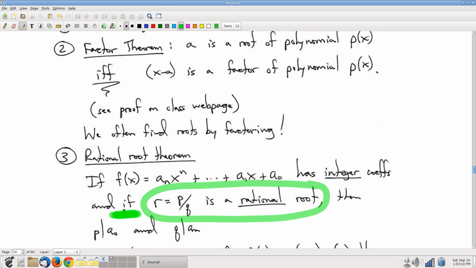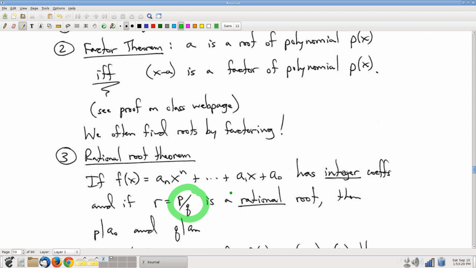There are plenty of polynomials that have no rational roots, to which, therefore, this rational root theorem does not apply at all. But if there is a rational root, and keep in mind a rational number is a ratio of two integers, right? So write down the p over q for that particular rational root. By the way, make sure that p and q have no common factors, so this has to be a reduced fraction.